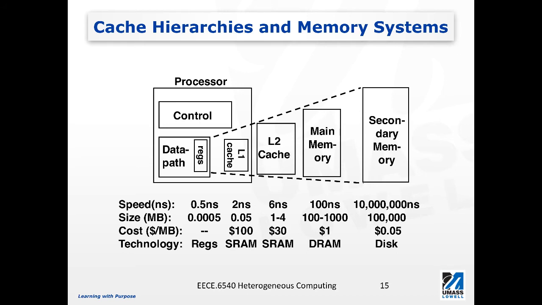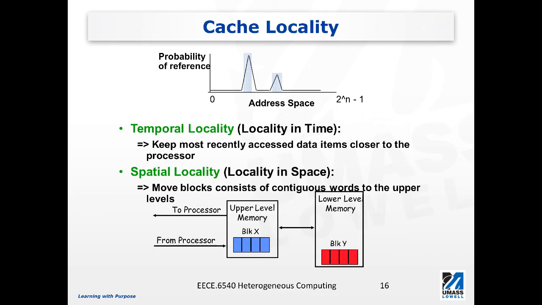So why does this kind of cache hierarchy plus memory subsystem work best for processors? It's mainly because of cache locality. Cache locality basically says that the possibility that we access the same data again is quite high.